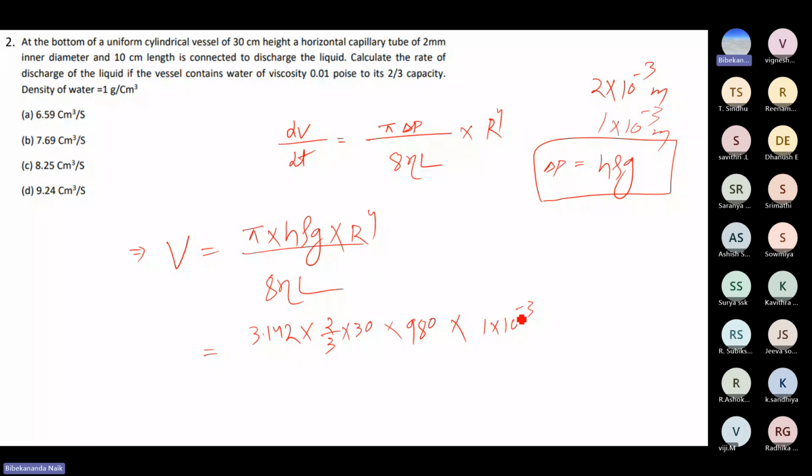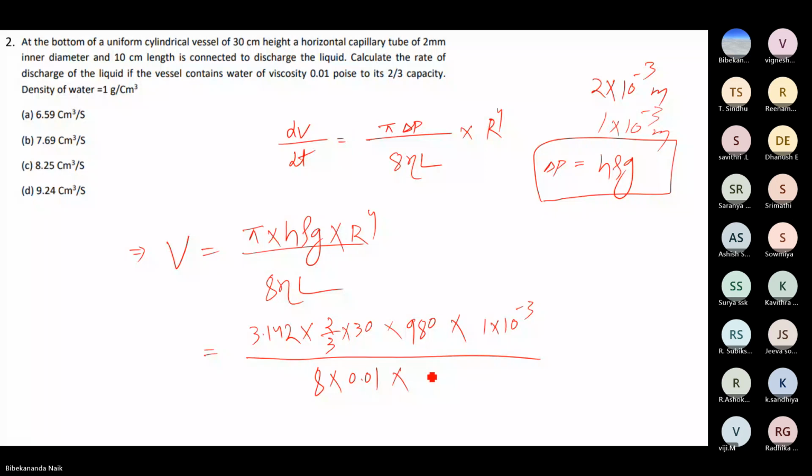One minute, let me check. So this is 1 into 10 to the power minus 3, into eta is 0.01.